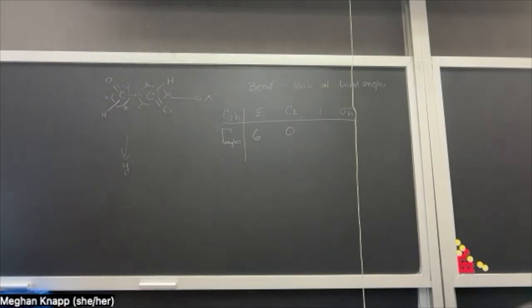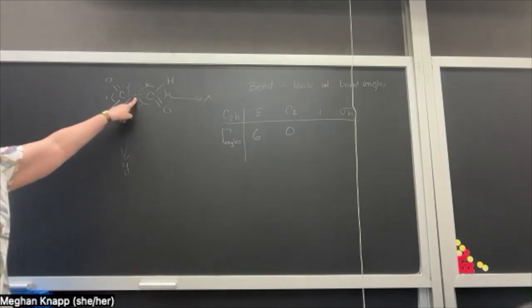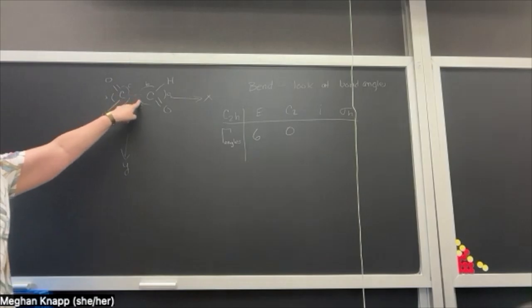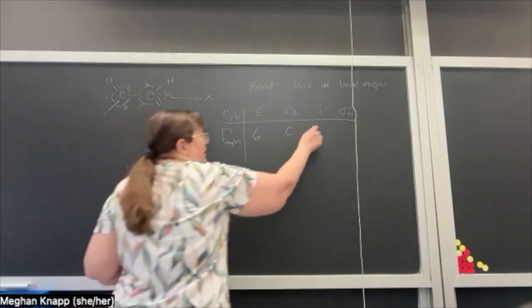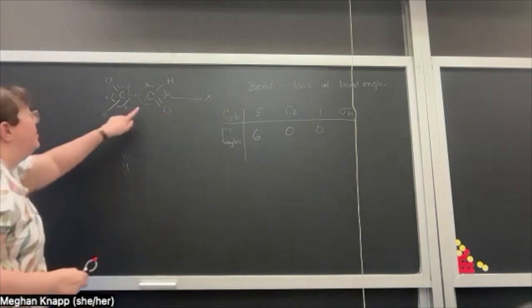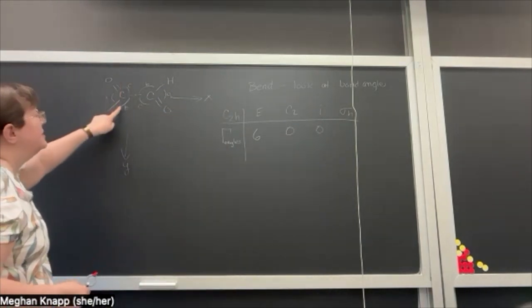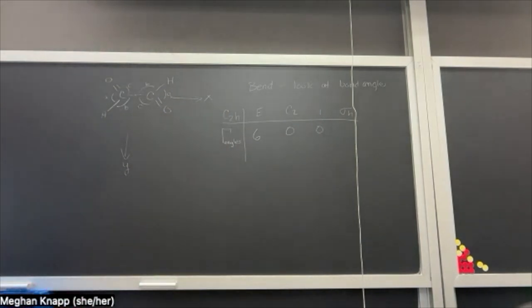Now, when you have an inversion center, your element is a point, this point, and the only things that stay in place are at that point. Do I have an atom at this point? No, so all the angles have to move. All right, so this is going to swap places with this. This is going to swap places with this.